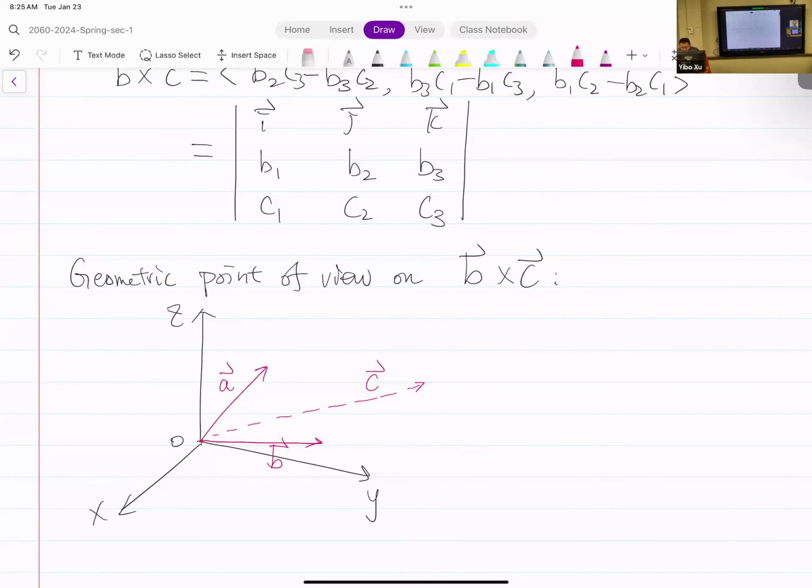Basically, we have B and C. If you draw the parallelogram for these two vectors, essentially you have a base of a parallelepiped. Let me try to make it look better.